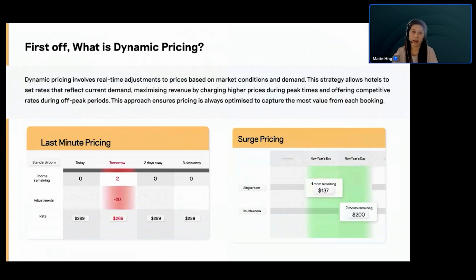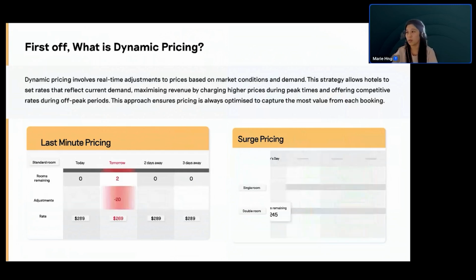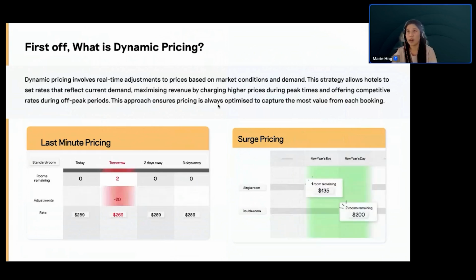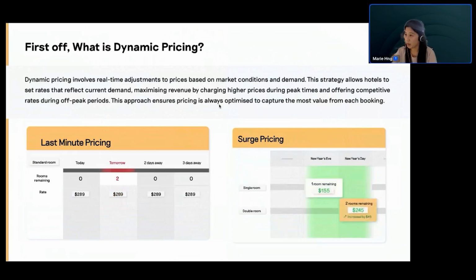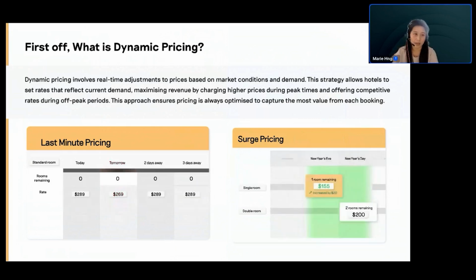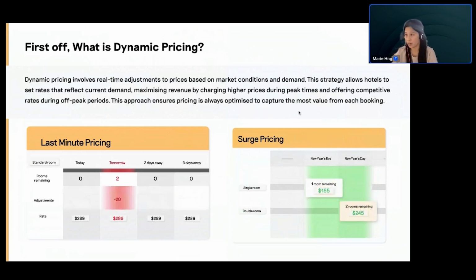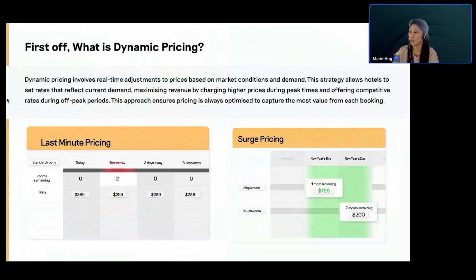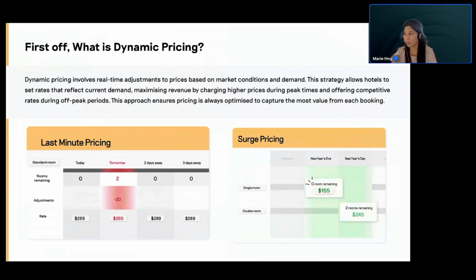So this allows you to essentially improve your occupancy and also to maximize your revenue. So that you're charging higher rates when you can, when there's a higher demand, but also offering competitive rates when demand is not so great.